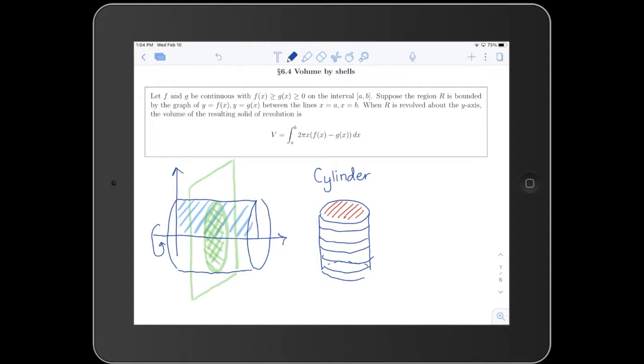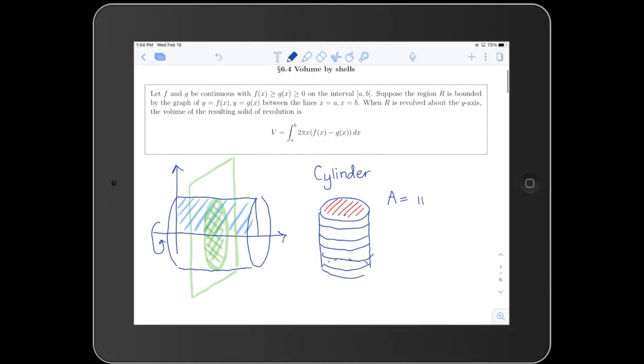You find this area, that's the area of the cross section. What's the area of a circle? We know that one. This one is pi r squared. In our case, that r would be the function. This is the general formula. We would just plug in whatever our function is. So that's your main idea for the disk method.